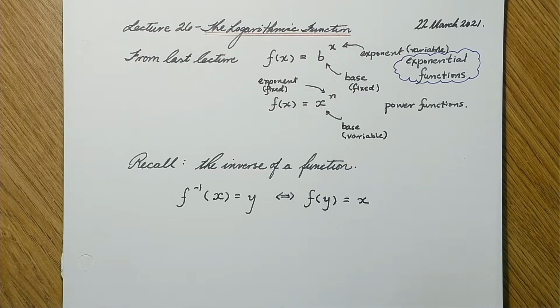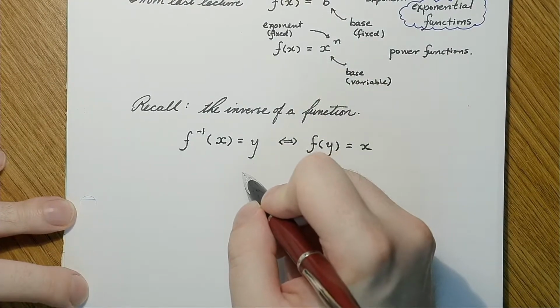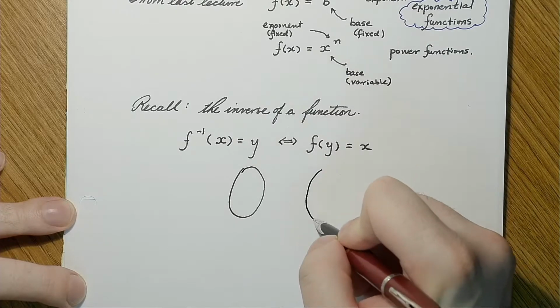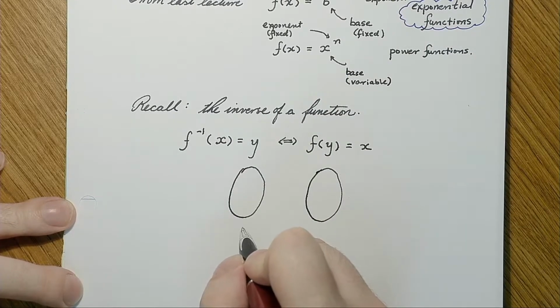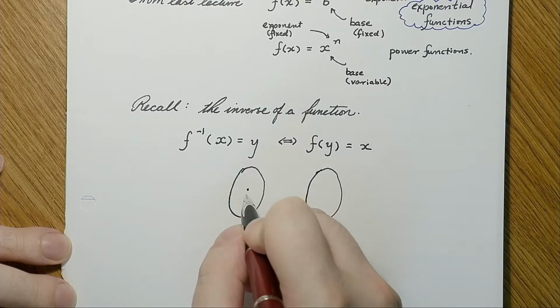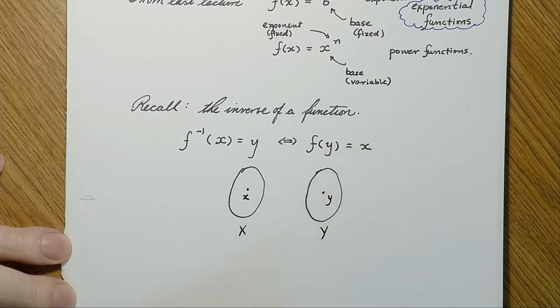I'm not sure how I can explain it algebraically, but what I can do is show you a picture. For instance, I have two sets, arbitrary sets, x and y, and I'm going to have a point here is x, and here is y.